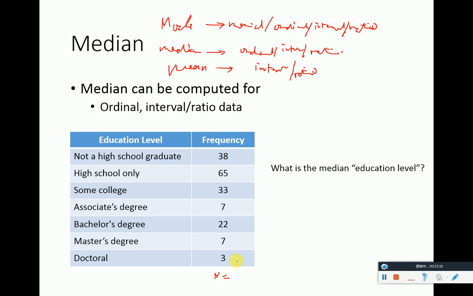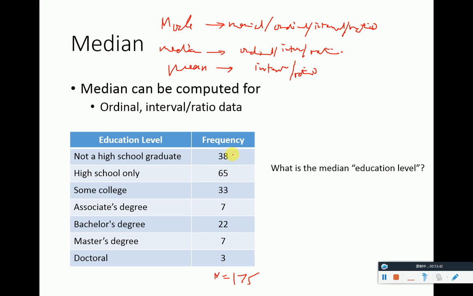So what is the total sample size here? Should be very easy to calculate. We have 38 plus 65 plus 33 plus 7 plus 22 plus 7 plus 3. We have exactly 175 people.